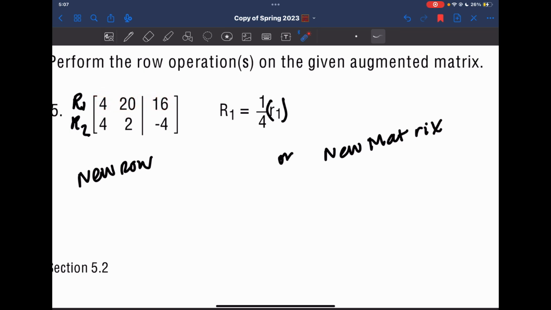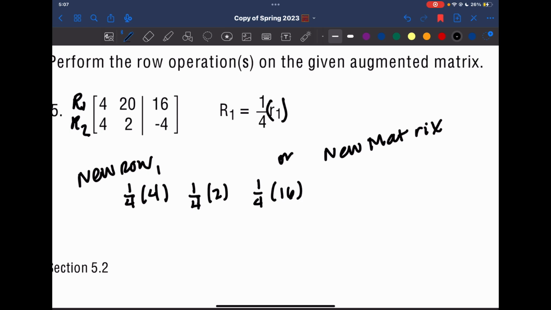So the new row 1 is going to be 1/4 times 4, 1/4 times 2, and then 1/4 times 16. So my new row, I'm going to put it in matrix form. This is row 1 new. It's going to be 1, 1/2, and 4.